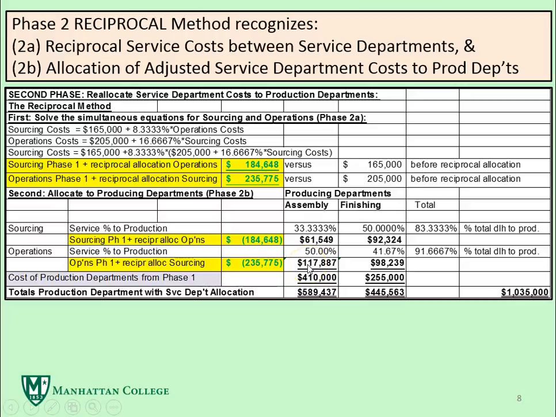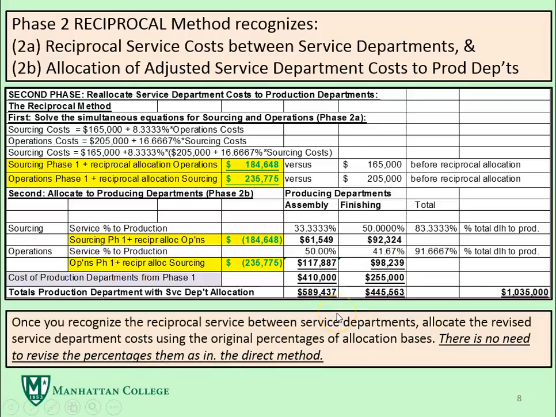That means $117,887 goes to the assembly department, since 50% of its costs go there, and 41% of its costs go to the production department called finishing. The remaining 8.3% was already allocated in the first part of the reciprocal method. So this is a better way to do it.